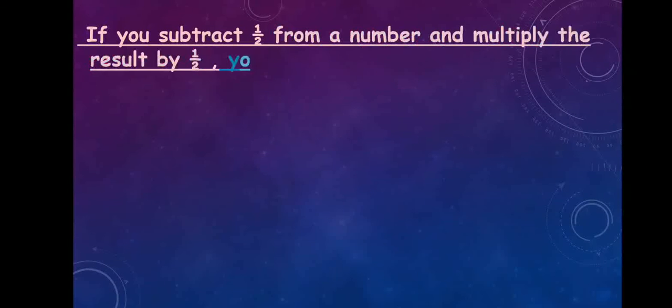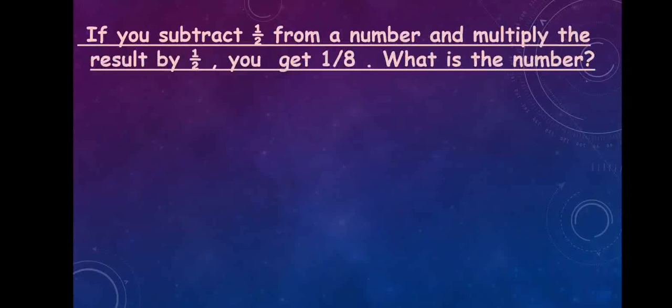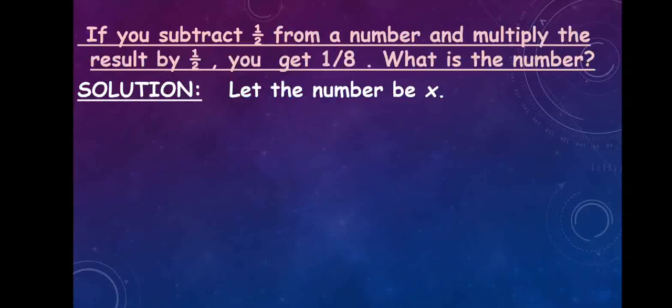If you subtract 1 by 2 from a number and multiply the result by 1 by 2, you get 1 by 8. What is the number? For the solution, let the number be x. We'll read the statement again. If you subtract 1 by 2 from a number, that means x minus 1 by 2, and multiply the result by 1 by 2.